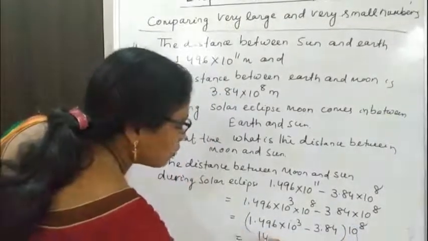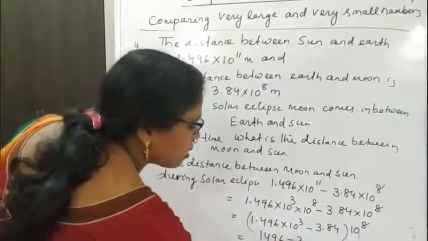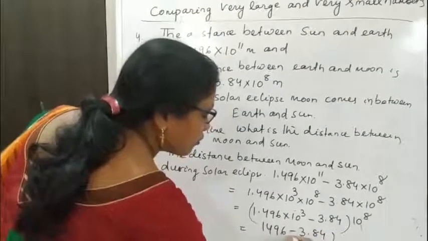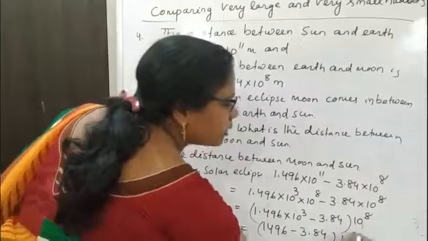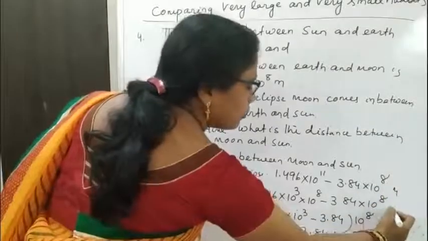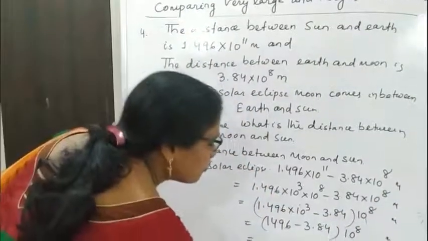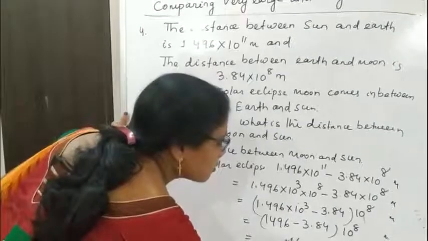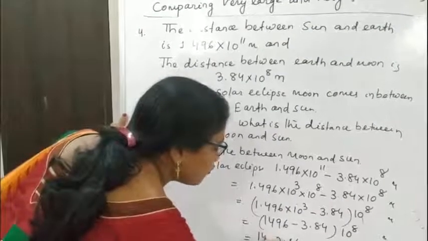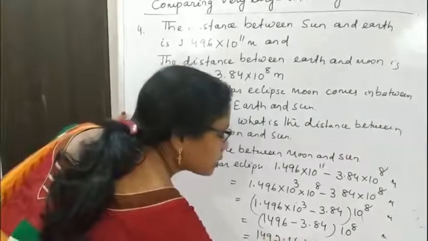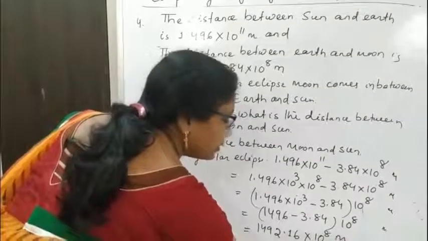So this is equal to 1496 minus 3.84 into 10 to the power 8. So these are all meter. So this is equal to 1492.16 into 10 to the power 8 meter.